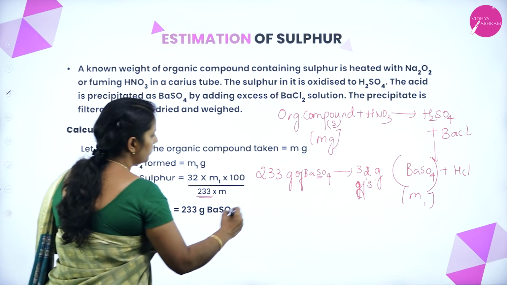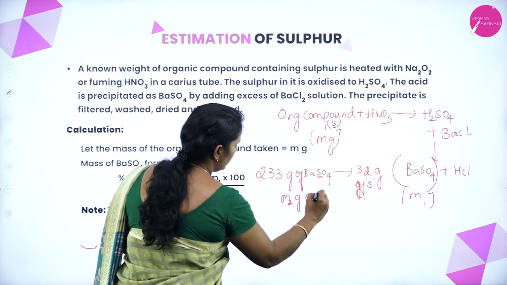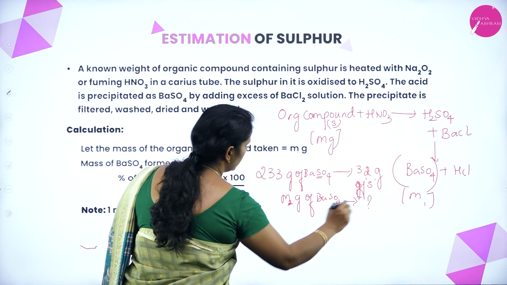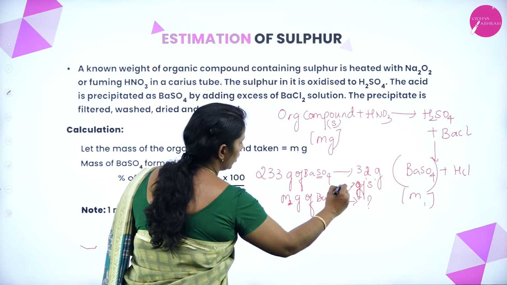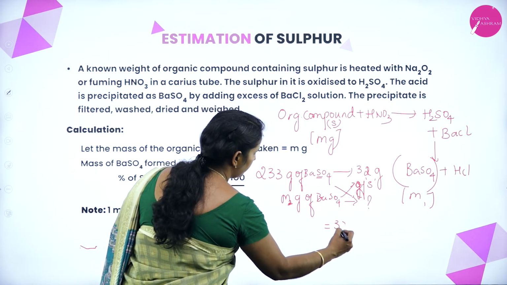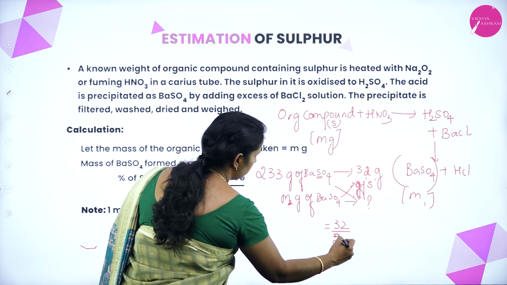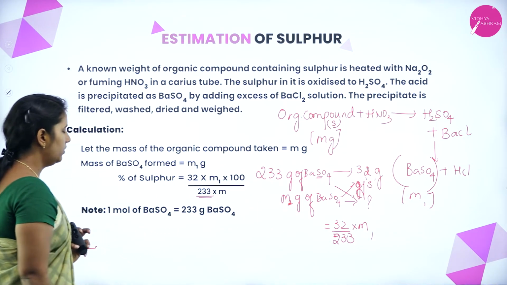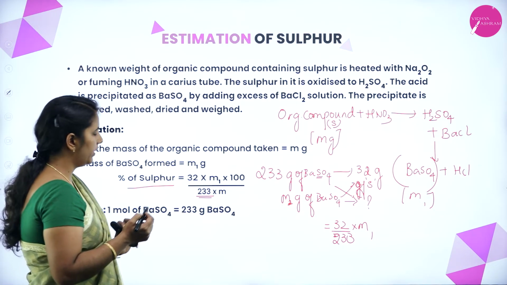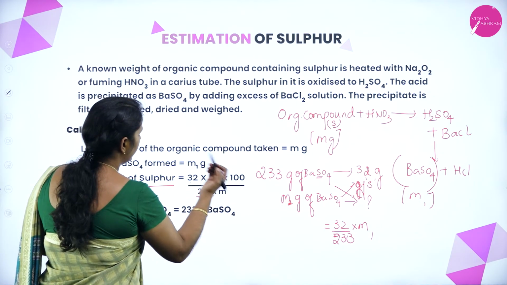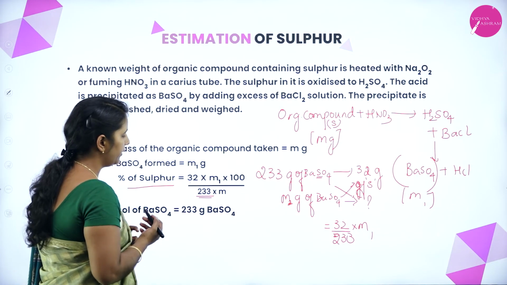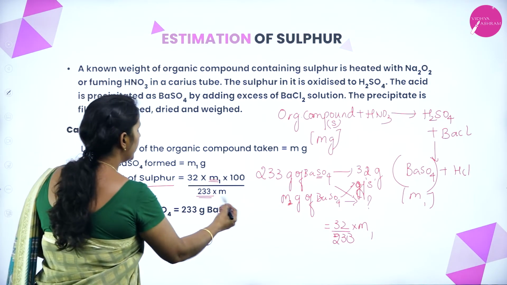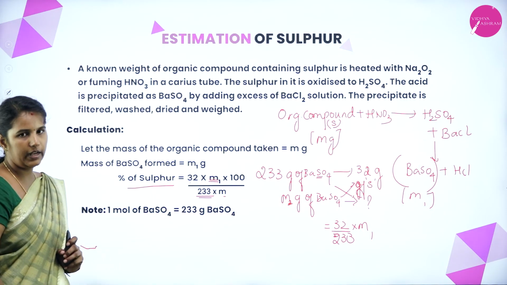So m1 grams of BaSO4 contains how much sulfur? Just do the cross multiplication: 32 divided by 233 into m1. So the percentage of sulfur is 32 into m1 into 100 divided by 233 into m, where m1 is the mass of barium sulfate formed and m is the mass of the given organic compound.